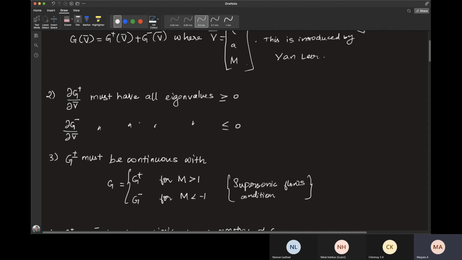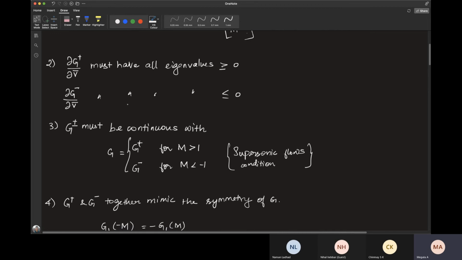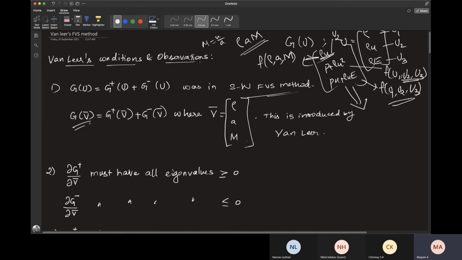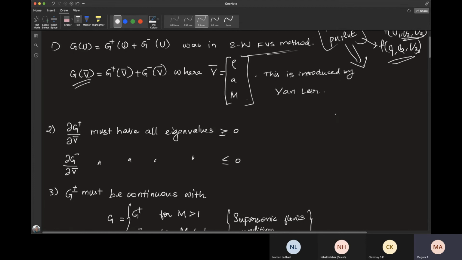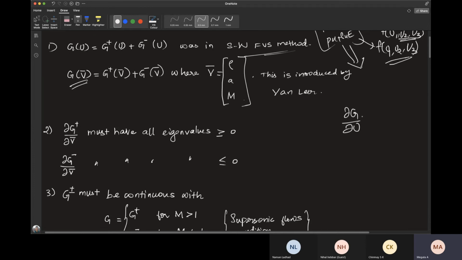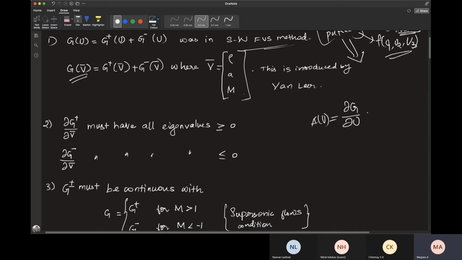So this is the first property. The next one is the eigenvalue condition. In the previous case, we had dou g by dou u, which was our matrix A of u, and this had eigenvalues, right? And we split those, dou g plus by dou u and dou g minus by dou u.